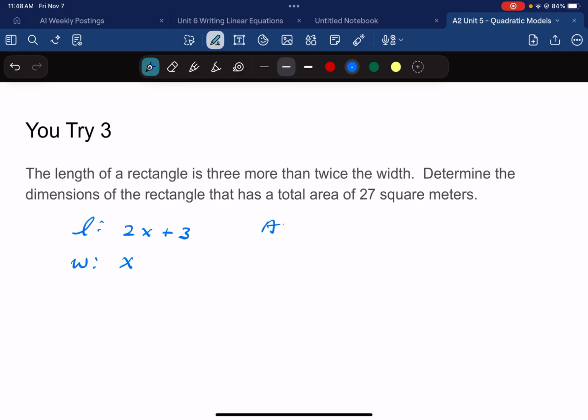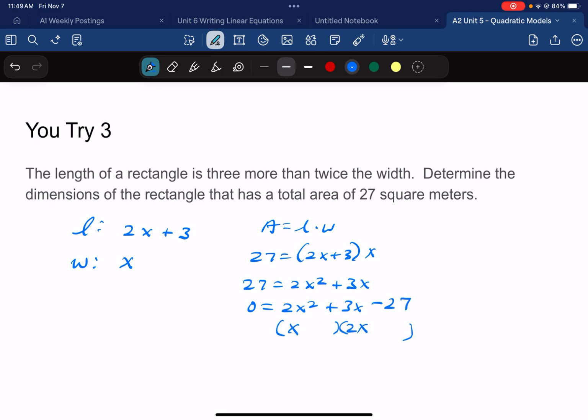So again, area equals length times width. So 27 equals 2x plus 3 times x. So 27 equals 2x squared plus 3x. Set it equal to 0. Minus 27.